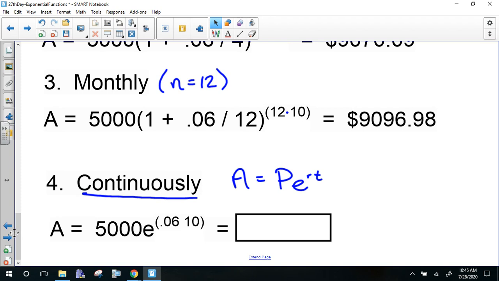You would hit second divide, and it'll give you an E. And that should give you a little bit more money than the others. It'll be 9,110 and 59 cents.